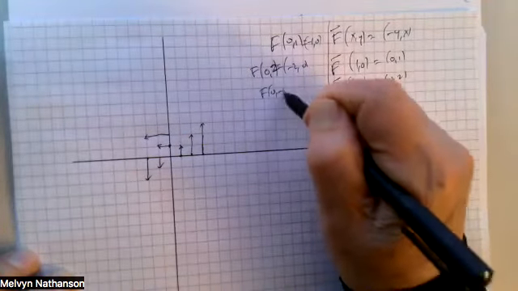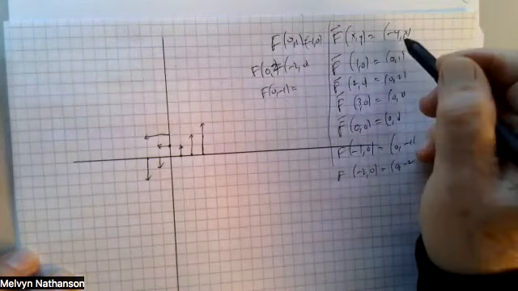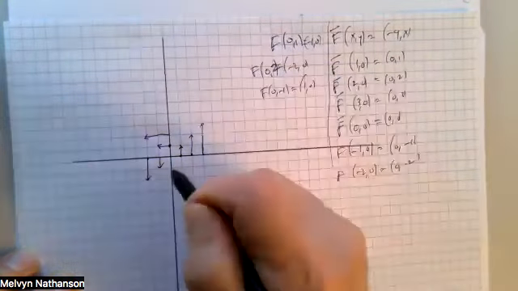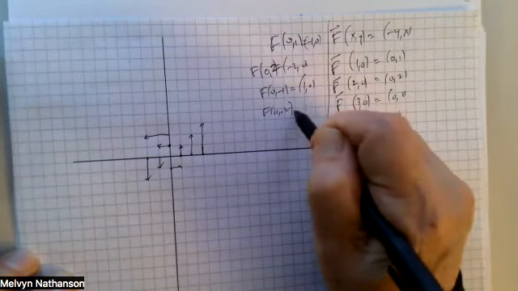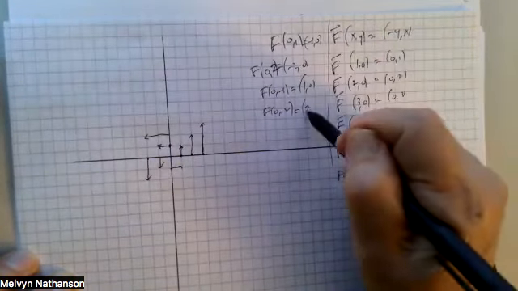F of 0, minus 1 is 1, 0. F of 0, minus 2 is 2, 0.